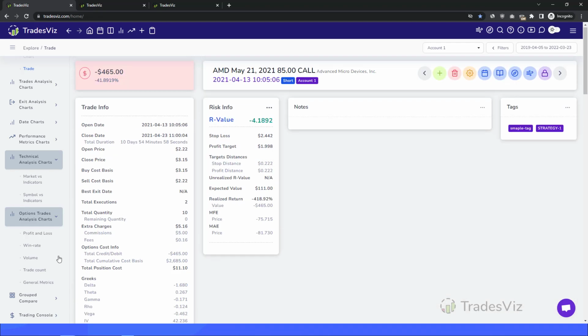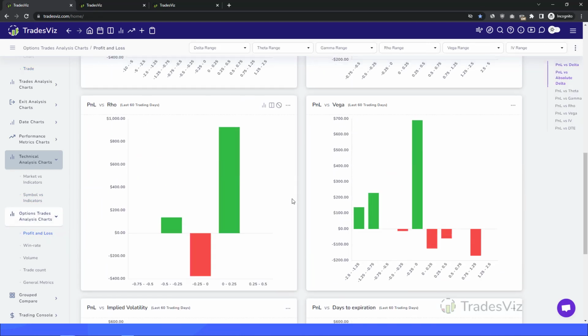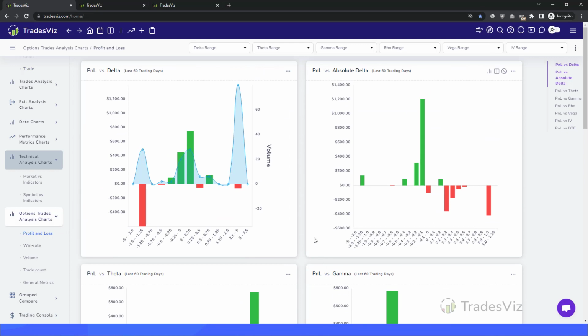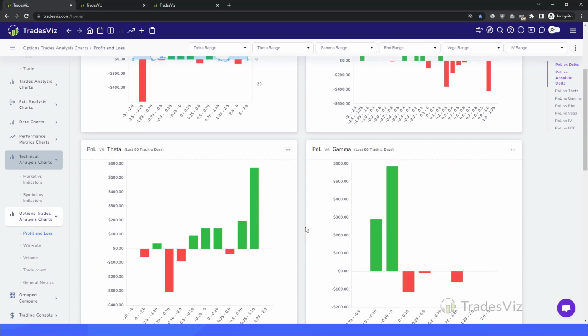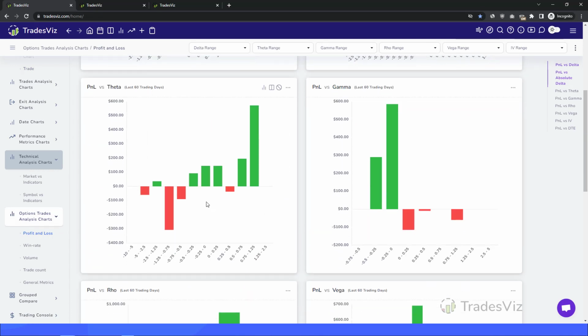You can look at the IV, right? So it's not just one metric always. It's not just look at delta and we'll go with that. That's not always the case, right? So what we want to look at is we want to look at multiple statistics at once, right? So for example, you can look at theta, right? So it seems that negative theta, I'm not doing so well, right?